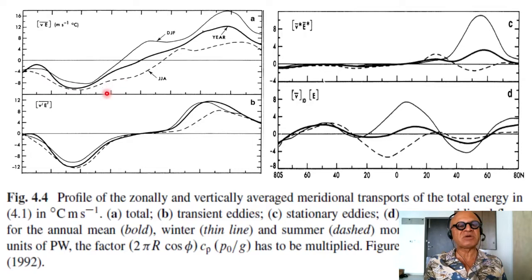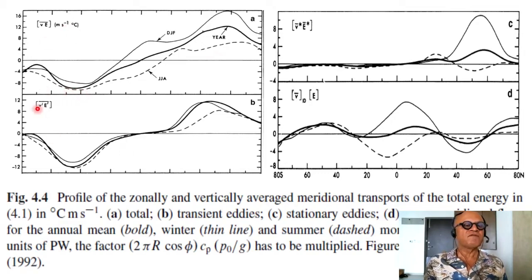So there is an asymmetry in the northward transport of the mean total. We will see why that is later on. So that's the JJA, where the energy transport is smaller in the northern hemisphere, down at 4 meters per second per degree centigrade, versus the southern hemisphere, where it is now close to 10 in these units.